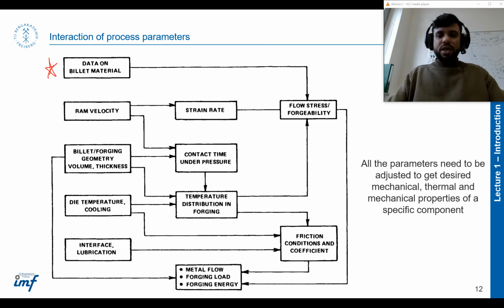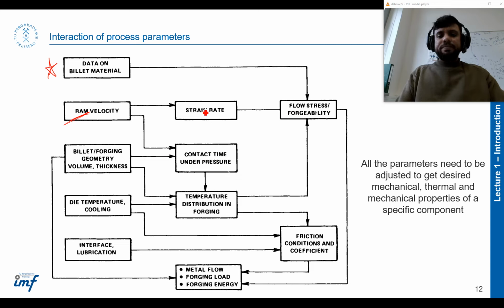And then we have our ram velocity or the deformation velocity or the overall process through which we are applying force, and that gives us information about the strain rate, so how fast the process will go, and for how much time the process will go on.